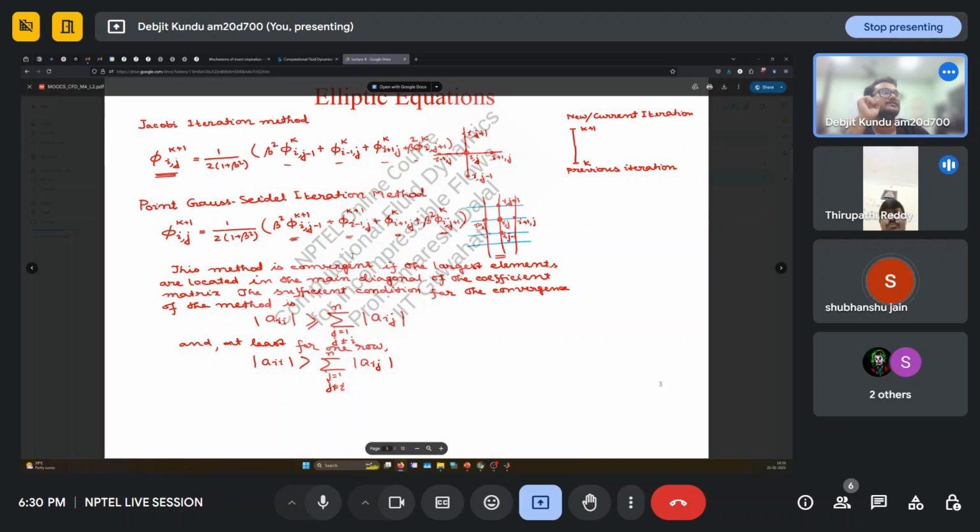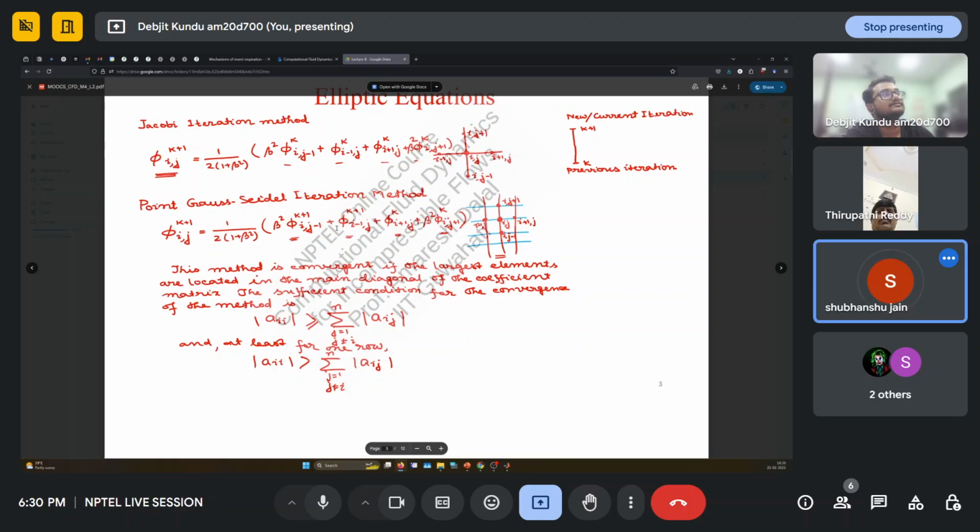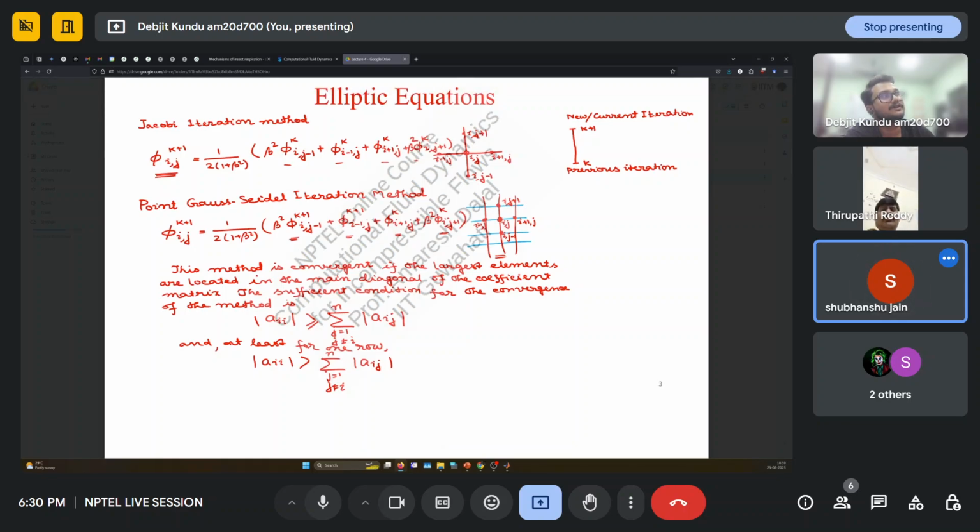That means we have already calculated phi for i equal to 1, 2, 3, and 4. Then only we are calculating 5. That is why for phi i minus 1, I take the value at k plus 1, because I already have the new value of that one.